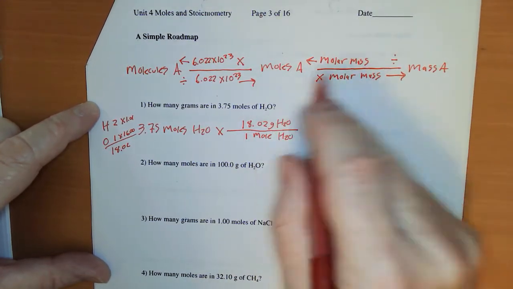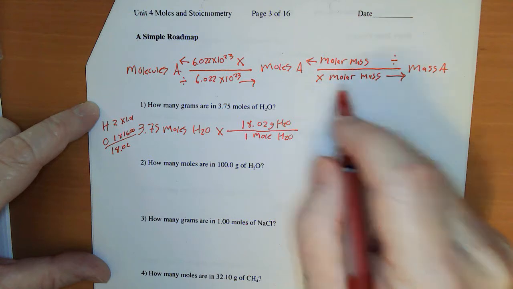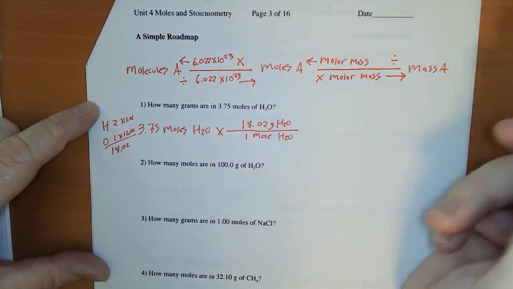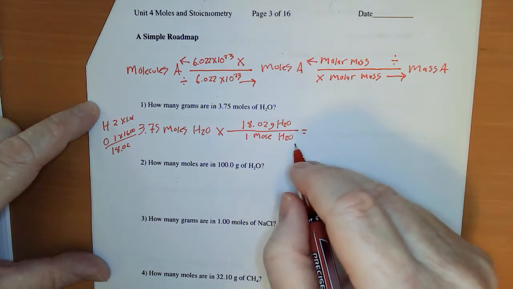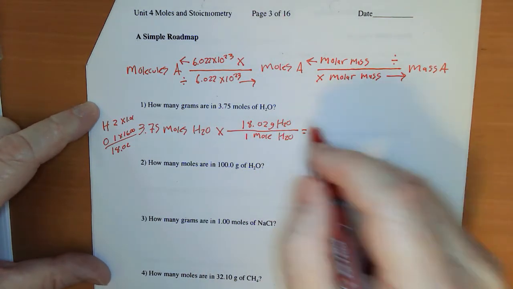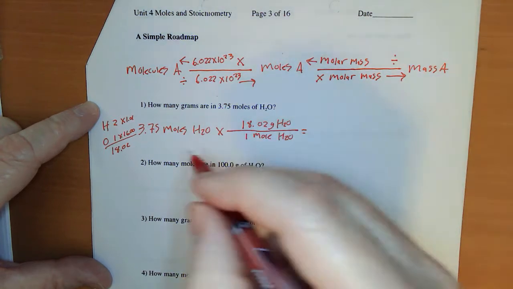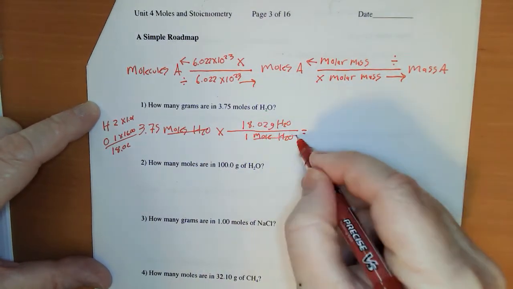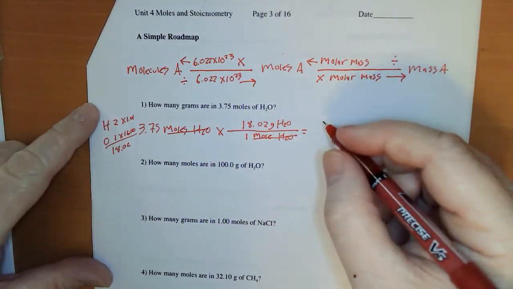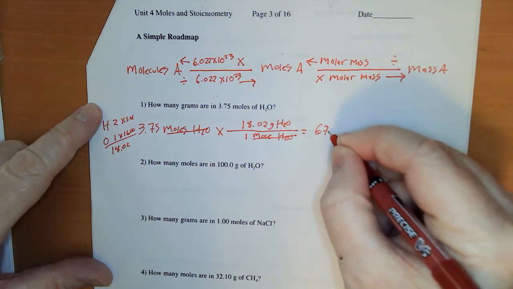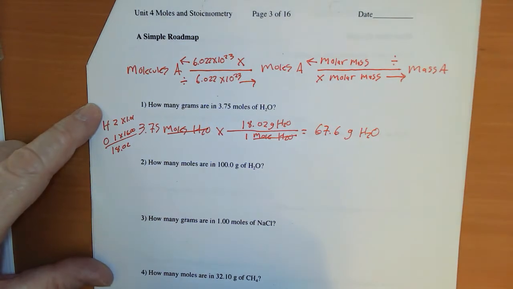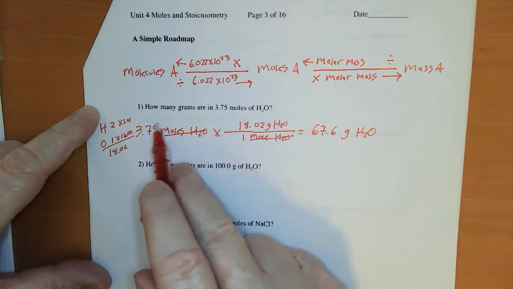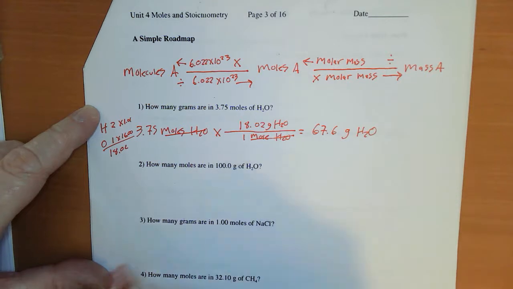See, to go from moles to mass, I multiply by the molecular weight. Or think about it the same way we thought about metric conversions. I want to cancel moles, I put it on the bottom. I want to get grams, I put it on the top. Moles of water is going to cancel, and I get 67.6 grams of water, because I am paying attention to sig figs. 3 sig figs times 4 sig figs mean I end up with 3.